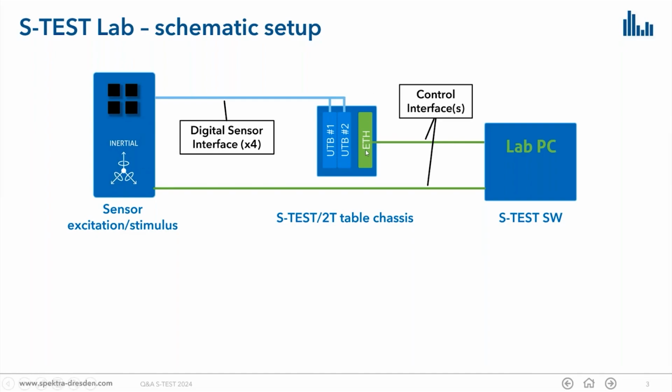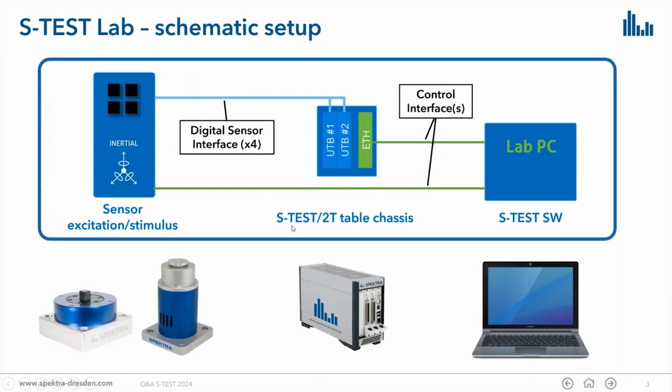In the middle, I have the small S-TEST unit, the tabletop unit that is usually used to capture just the digital output of the sensor. So this is a very typical schematic view of a lab setup, and the Fab setup.